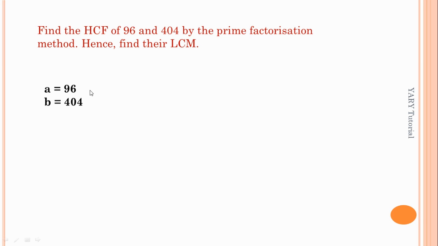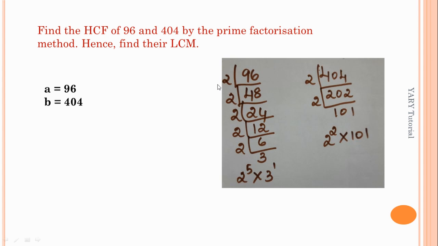So here given A is equal to 96 and B is equal to 404. We have to apply prime factorization and find the HCF of these two numbers. This is how we find the prime factorization of these two numbers. If you want, I will be linking it in the description, which you can watch.